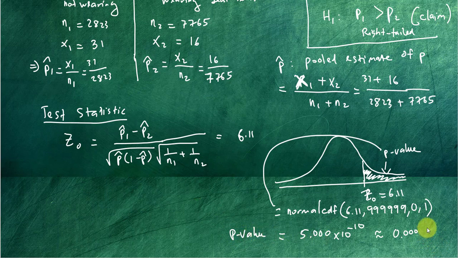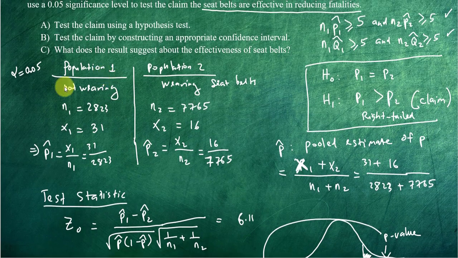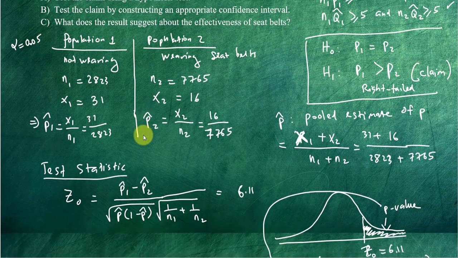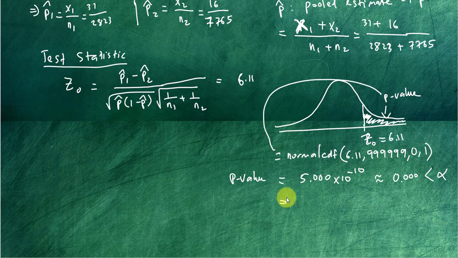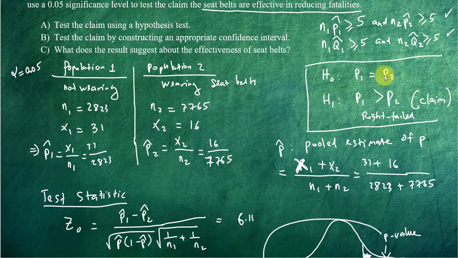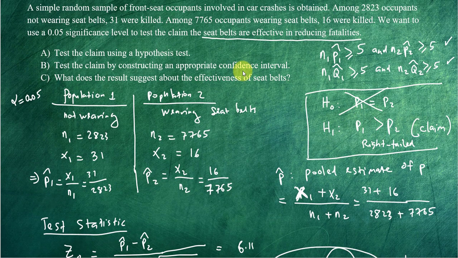Now, because this is less than alpha, and alpha is 0.05, if the p-value is less than alpha, we reject the null hypothesis. If we reject the null hypothesis, that means we have enough evidence to support the claim that seatbelts are effective.